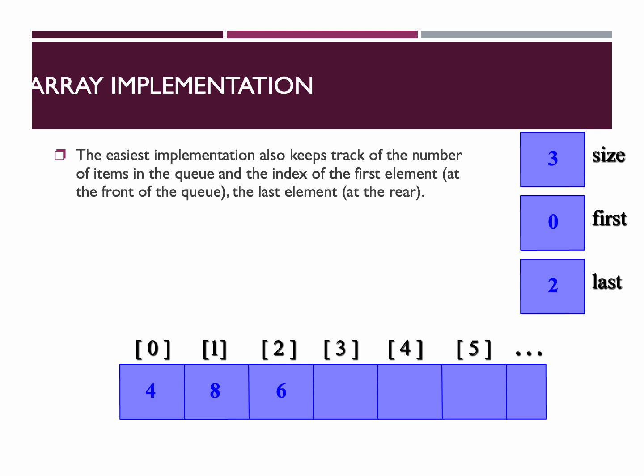The next item is after the first one, and so on until the rear of the queue that occurs at the index stored in a member variable called last. So if you look here, we have 3, 0 and 2. 3 is size, then first, then last.